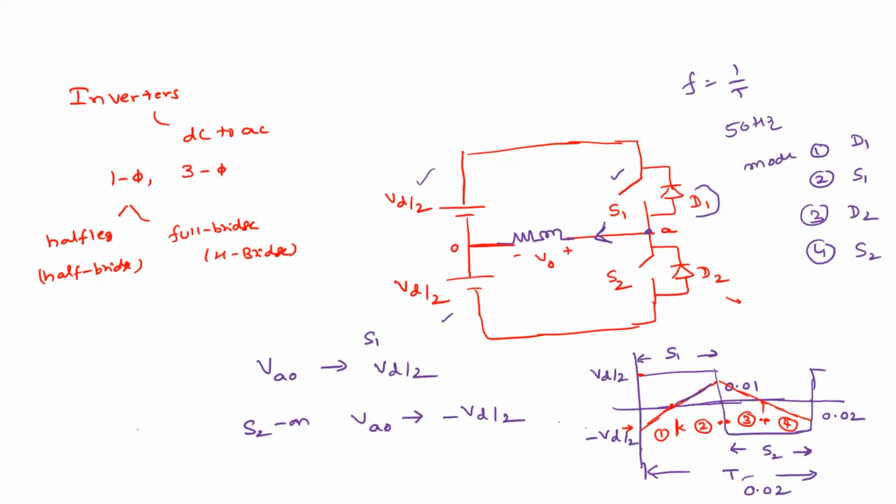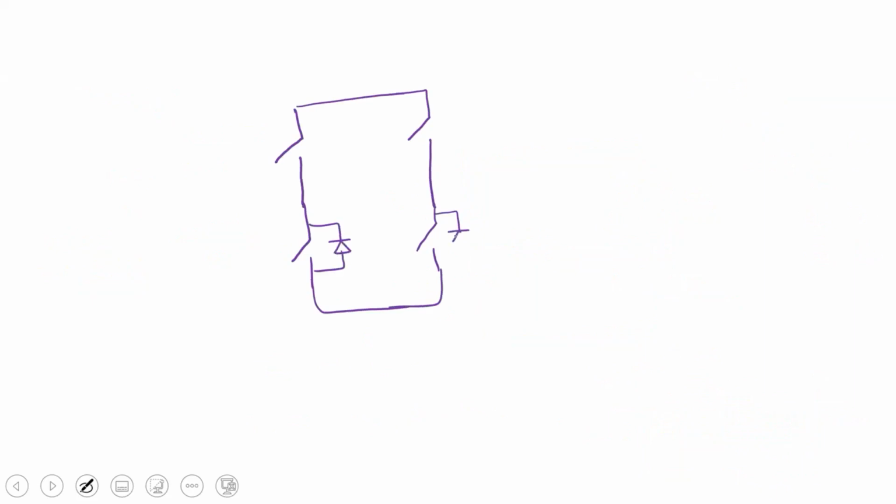Now let us assume we have a full bridge circuit. It requires only one DC source.